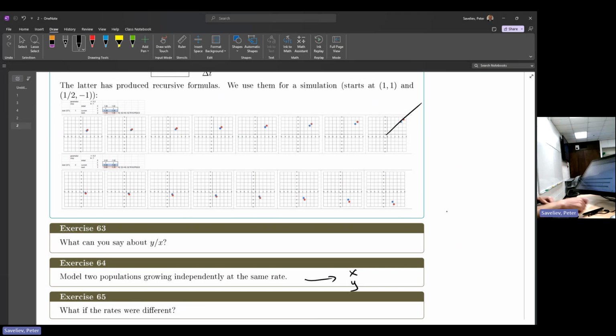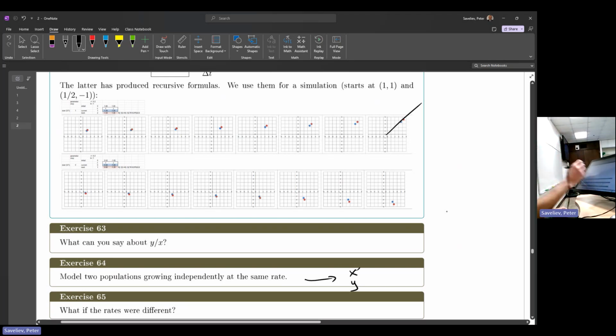So how do we write it? Population growing at a given rate. What's the differential equation? x prime equals kx, y prime equals my.